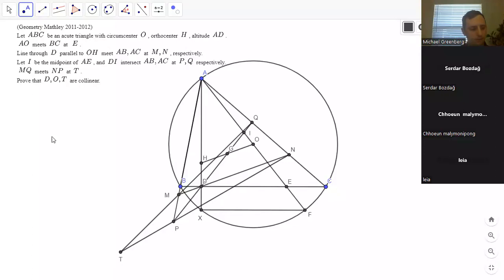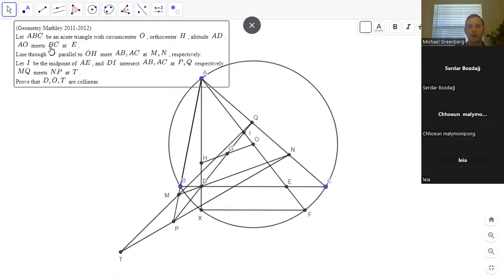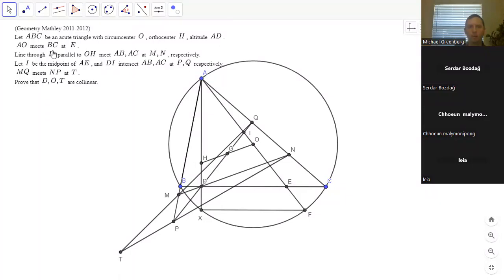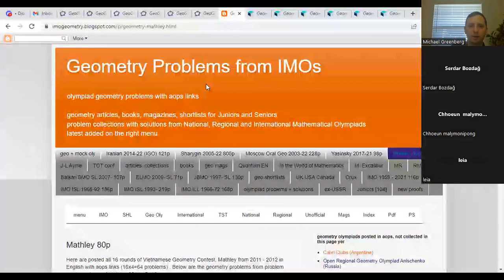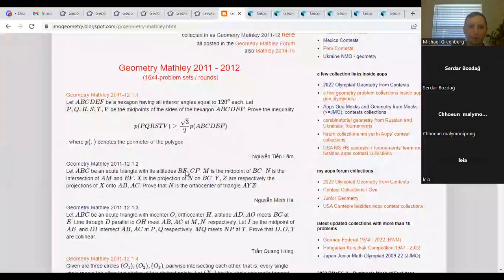All right. Is Geometry Mathly a journal? I think it's a journal from Vietnam. So I think it's just these 2 years where they just focused on geometry. And then maybe in other years they did all kinds of math. Like on this website I only see it for 2021 and 2011 and 2012.